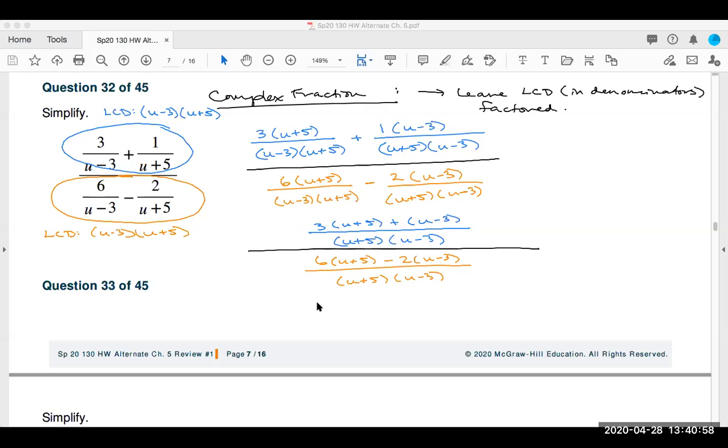So we have on the top part here, 3u plus 15 plus u minus 3 all over u plus 5, u minus 3. And then that's divided by 6u plus 30 minus 2u plus 6 divided by u plus 5, u minus 3.